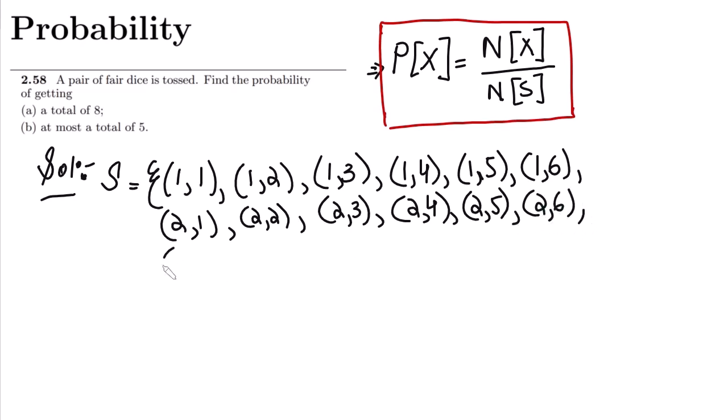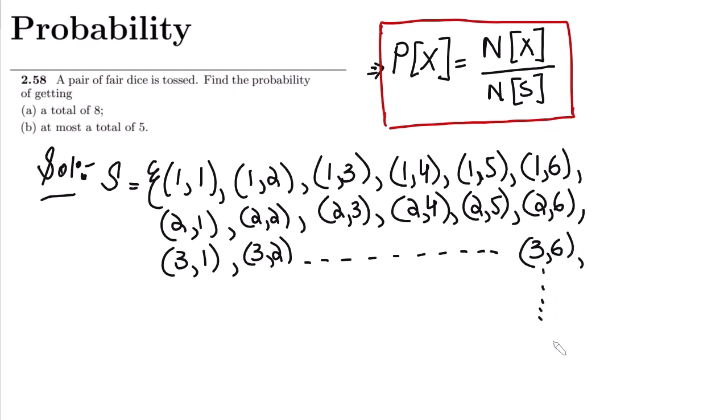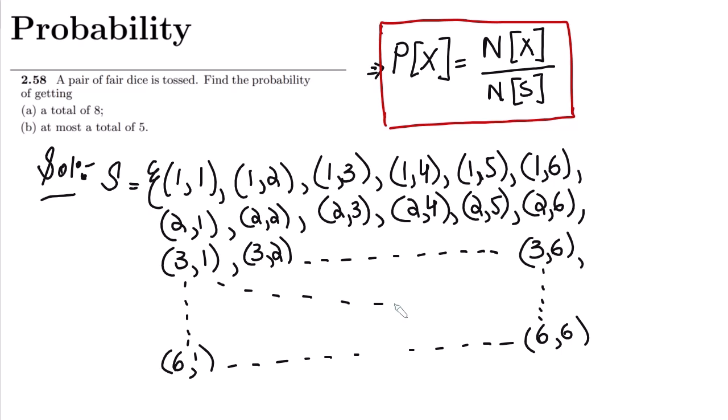Similarly, here it could be 3 1, 3 2, up to 3 6, and so on up to 6 1 through 6 6.